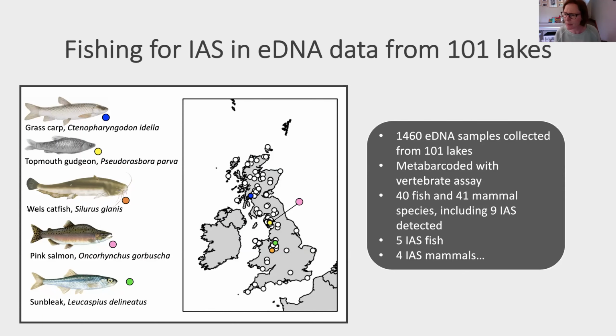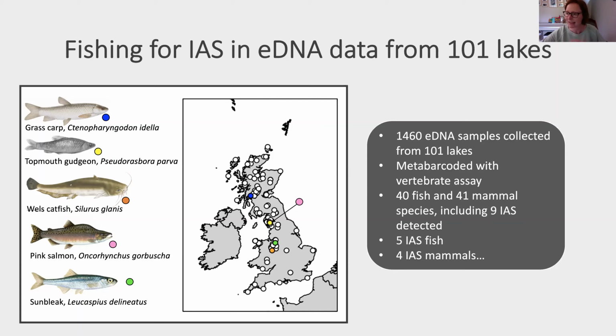So actually, I think maybe less than I would have expected, but the white blobs on this map are the 101 lakes, and the coloured in ones correspond to where we have a positive detection of a non-native fish. And we found, in total, 40 fish species and 41 mammals, because water bodies accumulate DNA from the surrounding landscape as well.